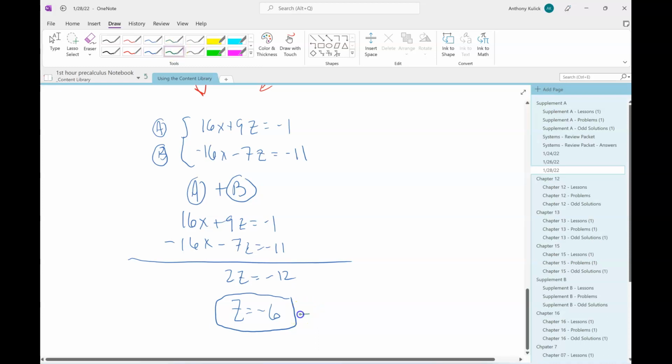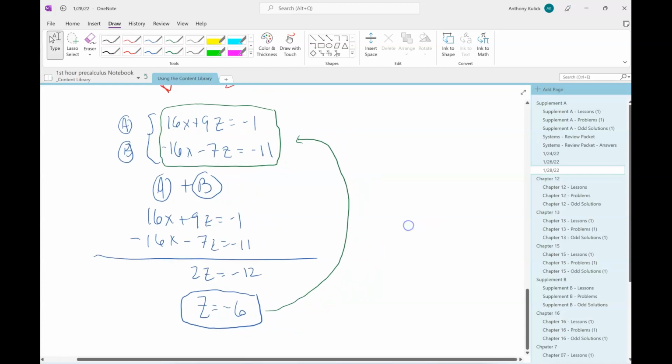Once I have that, I can go back to any of the 2-variable equations and plug in my z. So for example, let's just say I plugged it into the first equation. And I can use that then to solve for x.